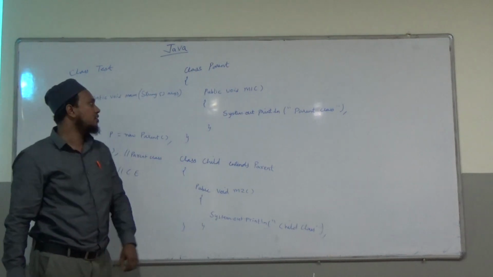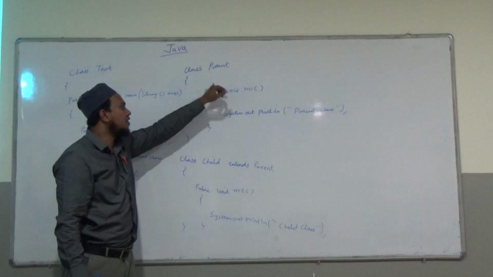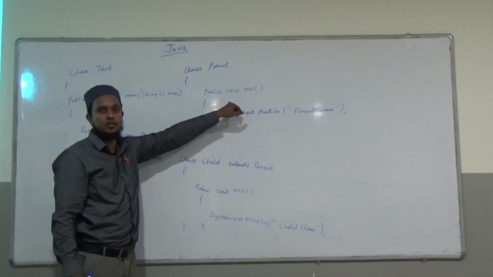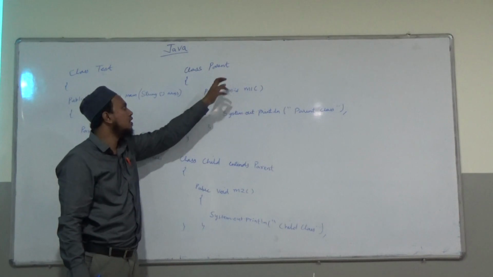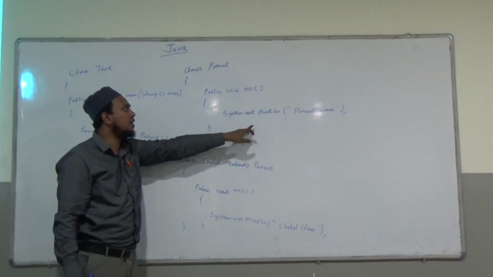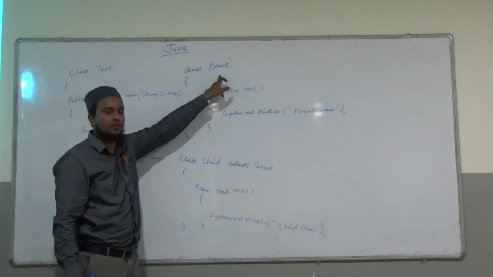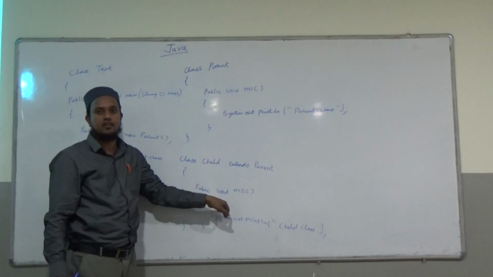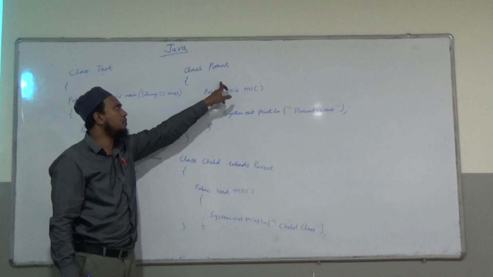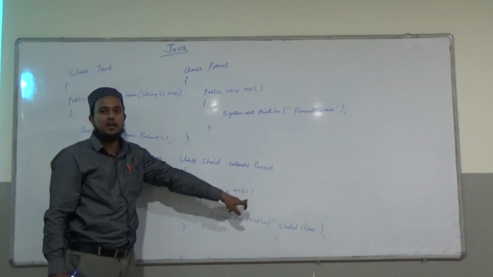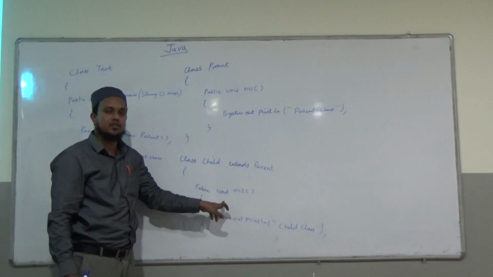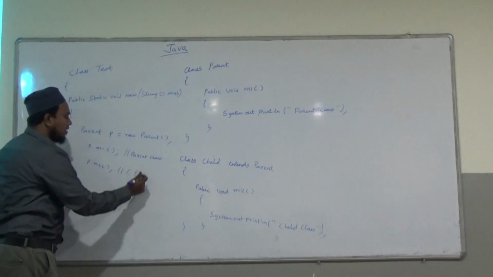The reason is parent class has only m1 method. Understanding? That is the reason parent class can call only m1 method. You can't call the child class methods. With parent object you can't call the child class object methods. This is the scenario.